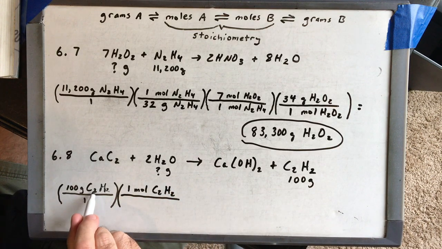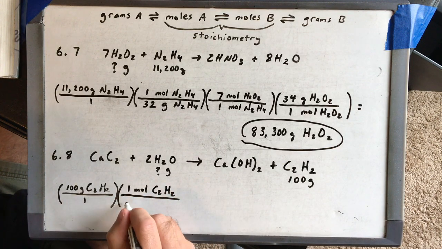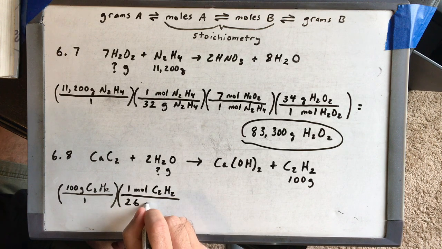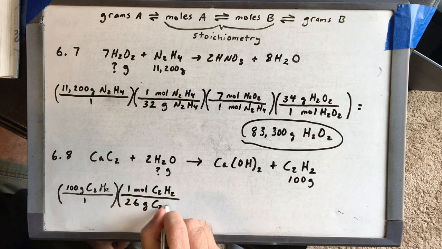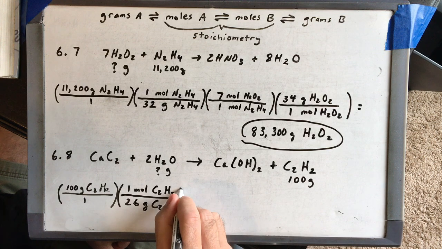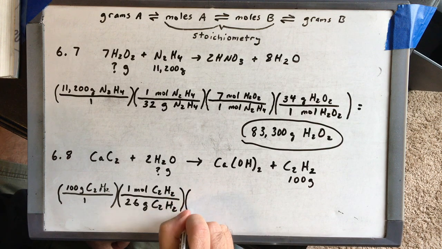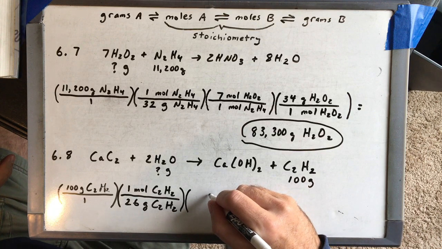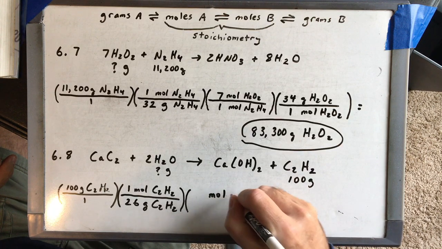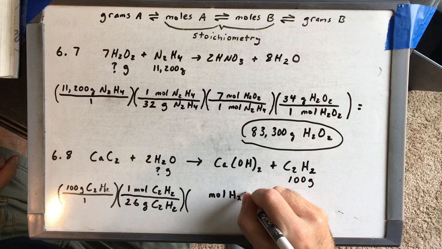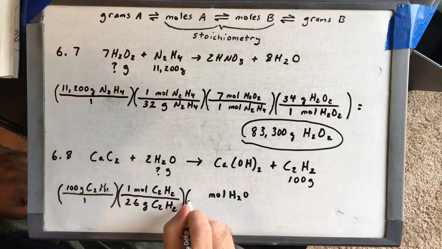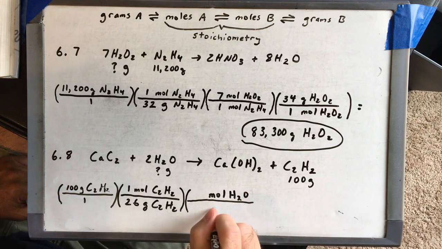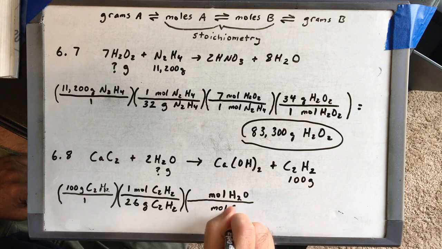Adding up C2H2, 2 times 12 is 24, plus 2, that'd be 26 grams of C2H2. We want to go to moles of H2O. We want to cancel out moles of C2H2.